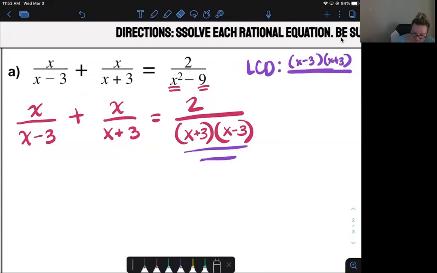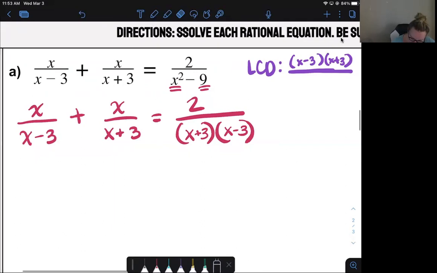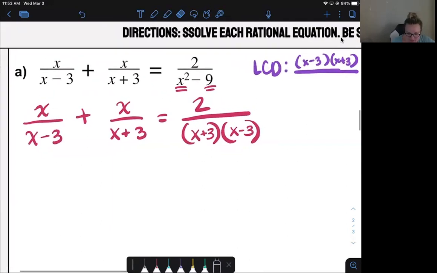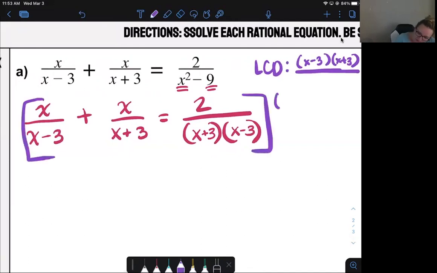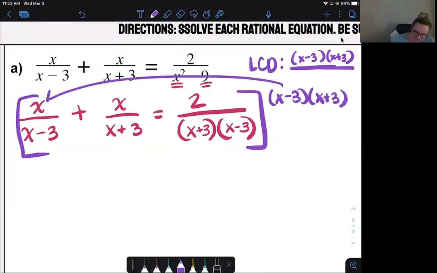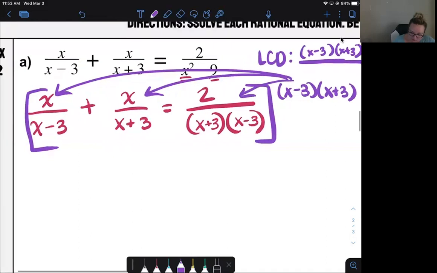Okay. So now we take this entire equation and we multiply it by x minus 3 times x plus 3. So I'm going to write out how this would look if we actually did this. We're going to distribute it to the first fraction, the second fraction, and the third one. So this is what it's going to look like.